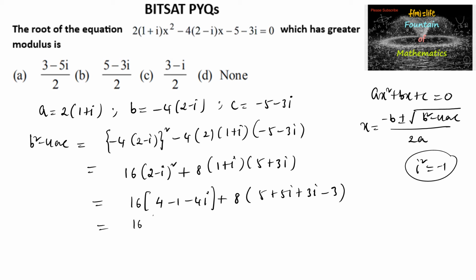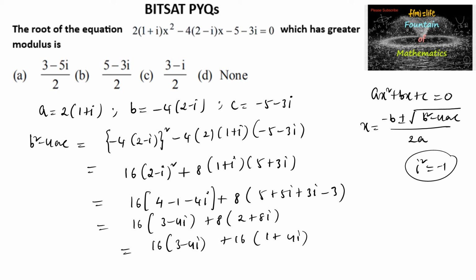So 16(3 − 4i) + 8(2 + 8i). So here 16(3 − 4i), and here also 16 we can take common, 1 + 8 2s are 16, so 4i. So 16 is taken common.